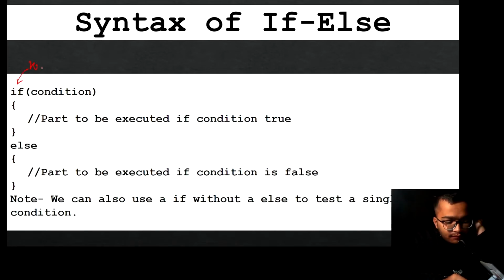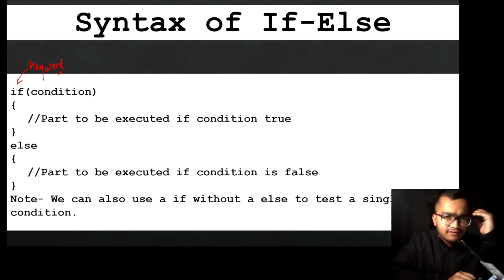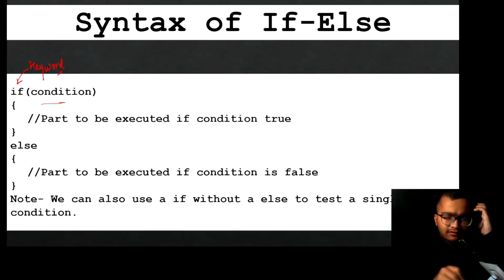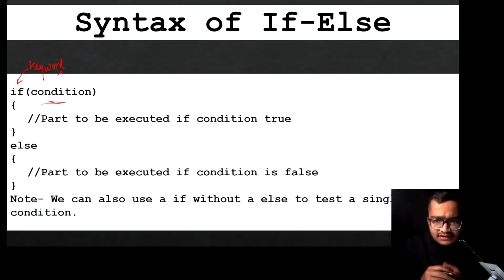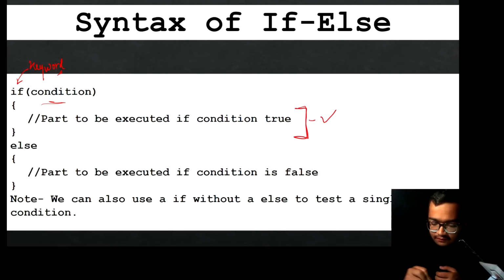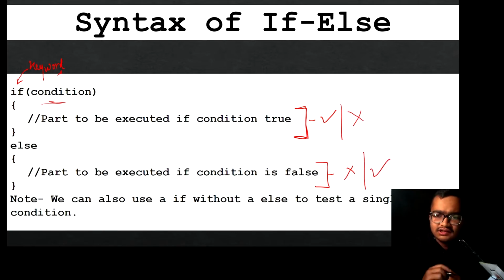We already know what a keyword is. Then in the bracket we have the condition, which has to be either true or false. If the condition is true, this part will be executed, and this part will be omitted or ignored. And if the condition is false, then this part is executed.